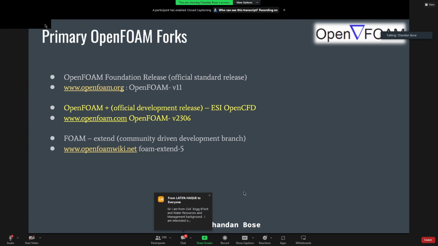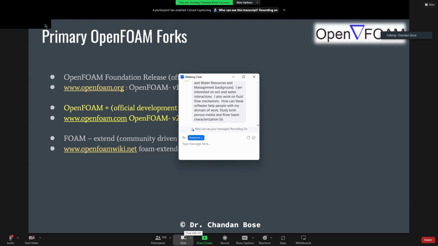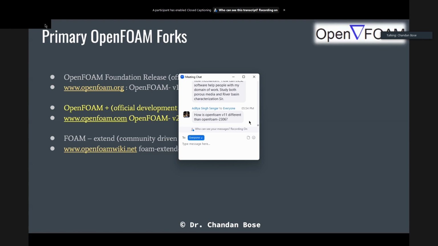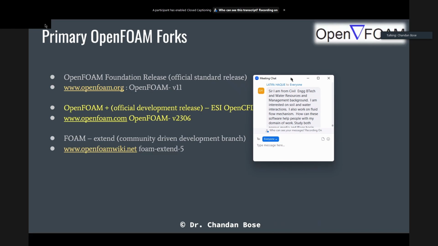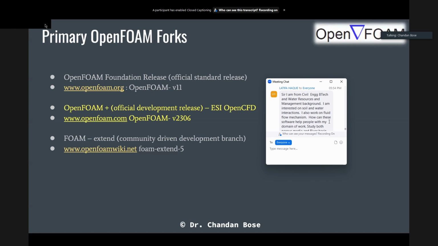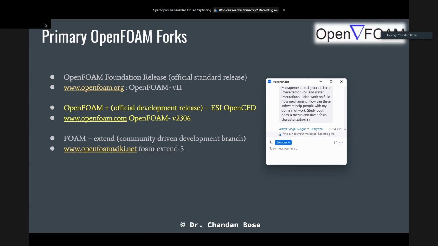All right. The next fork is available from www.openfoam.com, and this is maintained by ESI OpenCFD. I am very much involved with this community of people. Each of these releases has a different community, and they also have a lot of overlap, but I mostly engage with the OpenCFD community. It releases two versions every year, one in June and one in December.